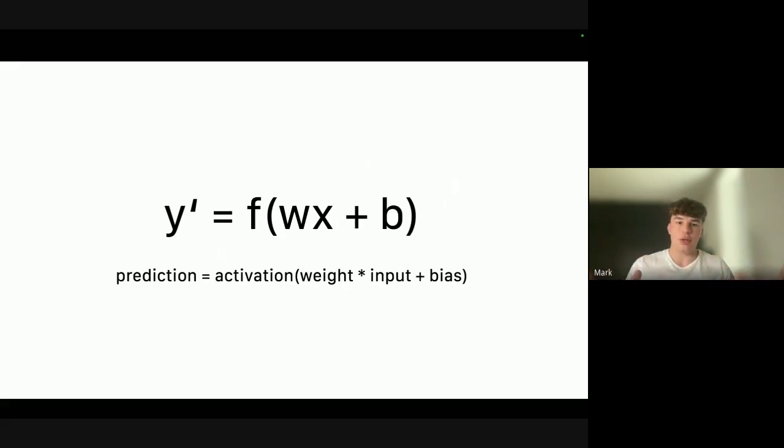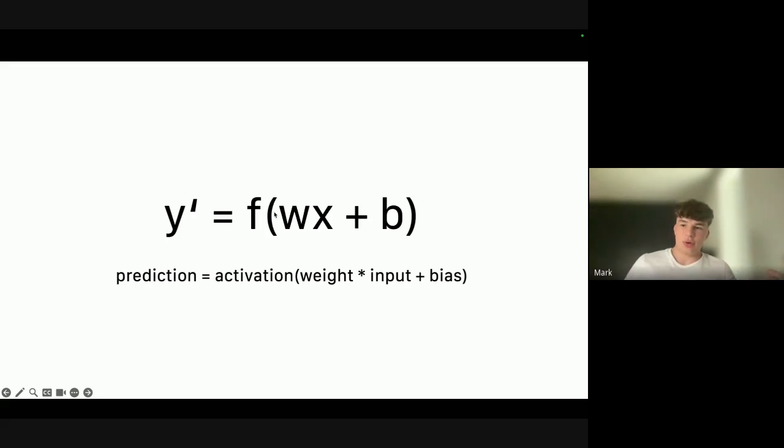So the formula of this would be that your prediction, y, would be the weights. W is the weight times x, the input number, plus a bias, that's b. And in some cases, not in every case, you wrap everything in an activation function, f, and that can be many things.